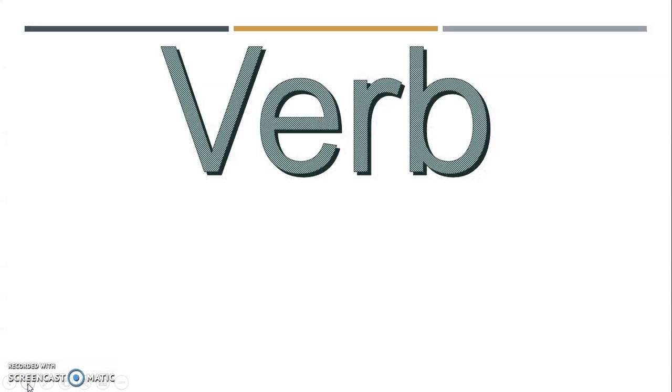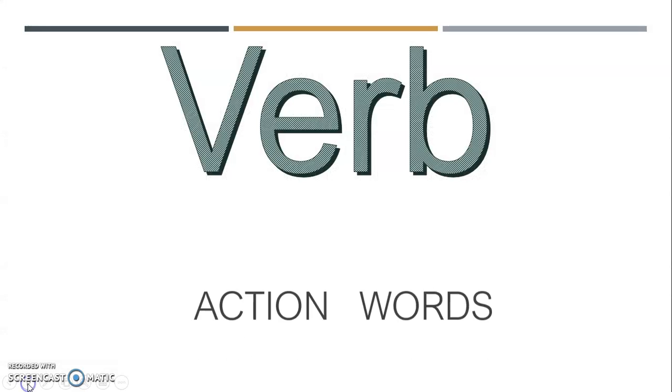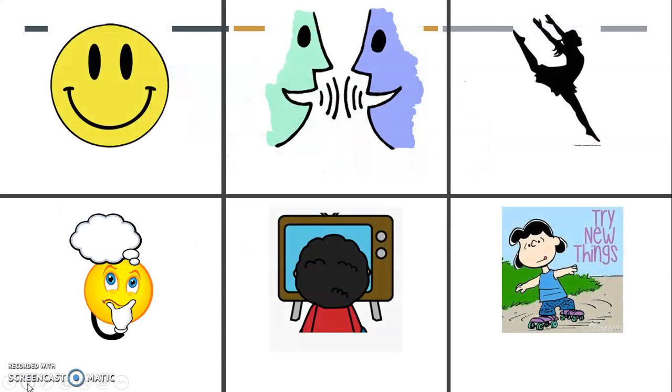Alrighty, so a verb, yet again, is an action word, and it always answers the question, what is that person or thing or animal doing? Okay, so there's a bunch of different actions, and you've seen these before. Smile, talk, dance, think, watch. Try is one if you're trying to do something.